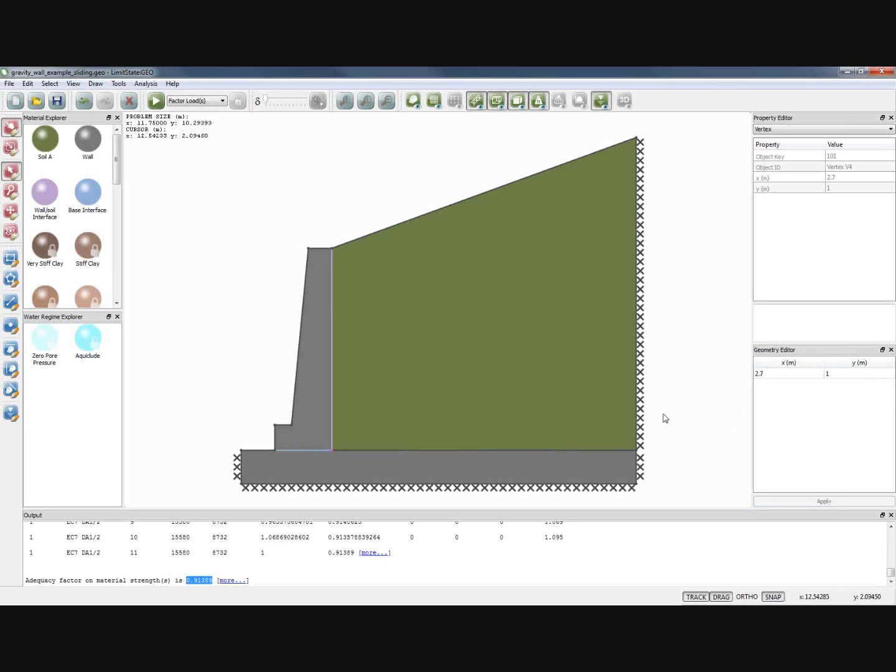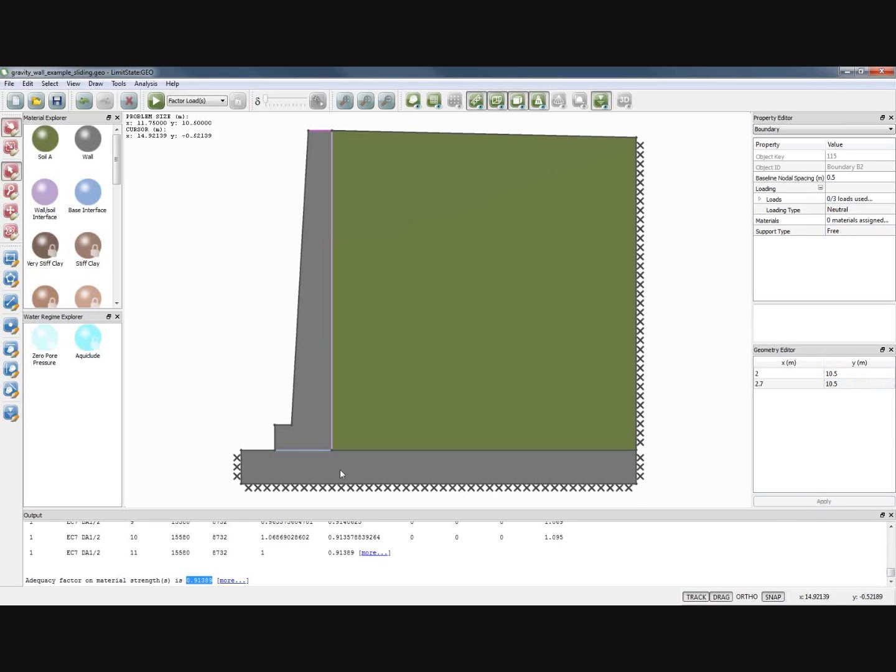Now you can draw the geometry using the on-screen tools, or you can import geometry from, say, a DXF file if you've got that already drawn for convenience. To make this thing fail by overturning, I'm going to have to make it a lot taller, so it's going to look very intuitively unstable like that. And the final thing I need to do is the interface at the bottom here.